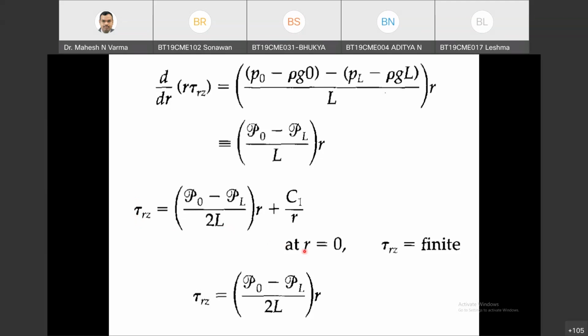So at R equals 0, tau rz is finite. It is not undefined. It has some finite value. It can be zero or non-zero, but some finite value is there. The consequence is that this second term should not be there in my equation. That is a logical boundary condition.